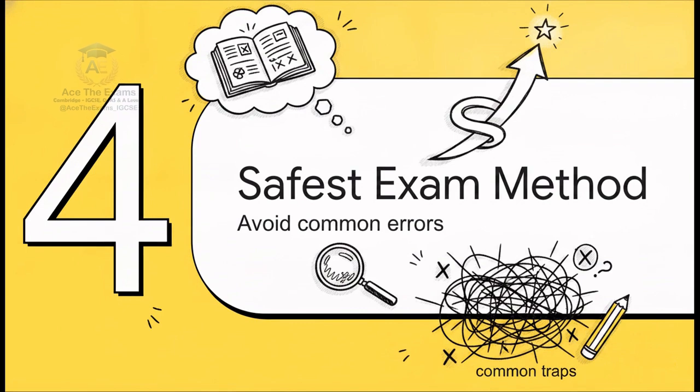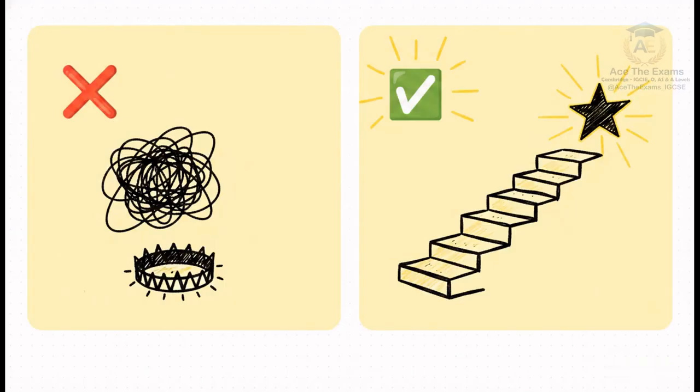Section 4. The safest exam method. Let's decode exactly how to lock in your mark potential to 100%. Let's play Find the Flaw for a second. Think back to Alex and Sam. Their common weaknesses are exactly what's on the left side here. Writing a formula without explaining what the variables actually represent, quoting a process without stating the physical effect, or giving a real-world example without an explicit physics link.